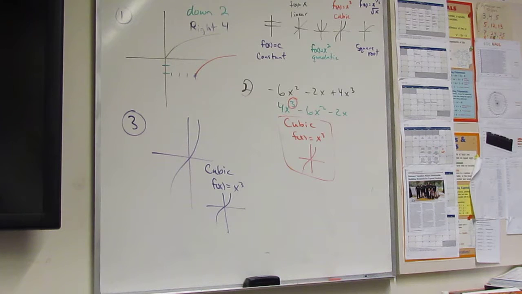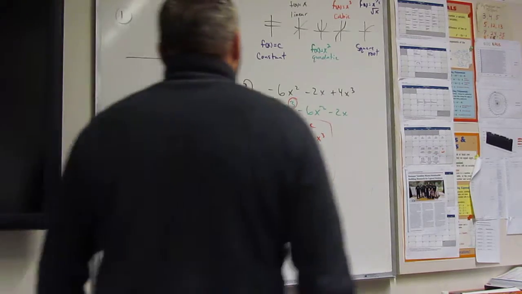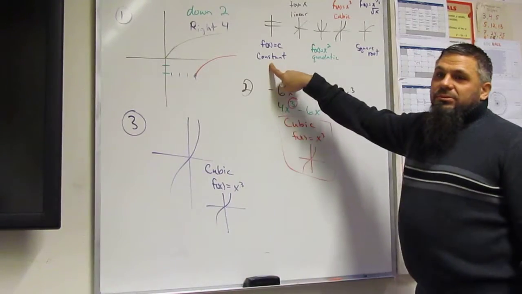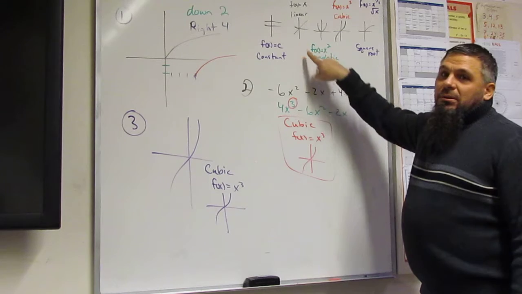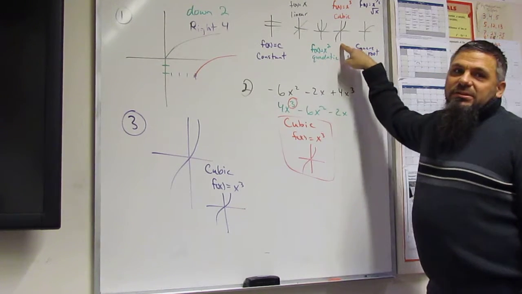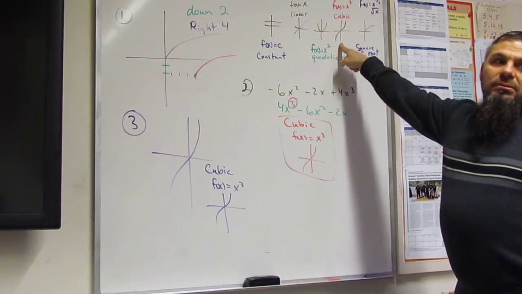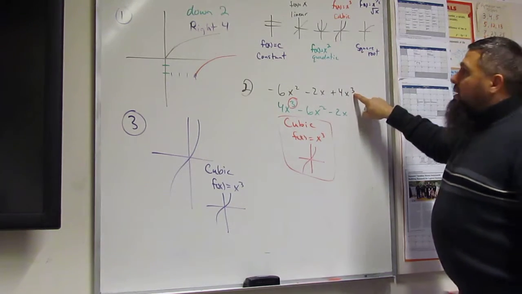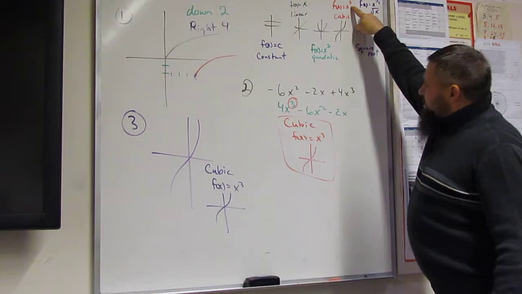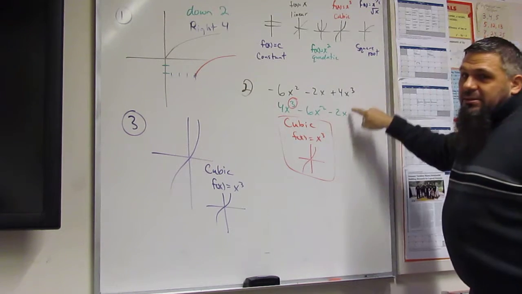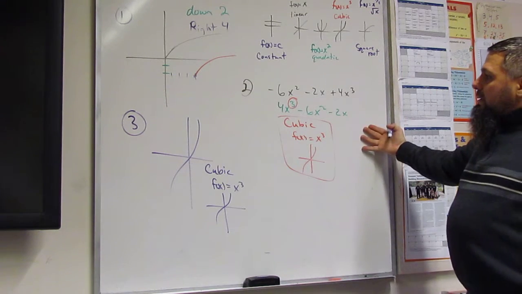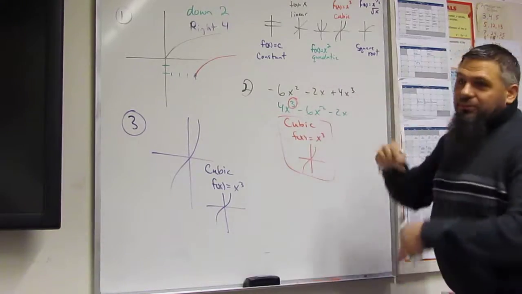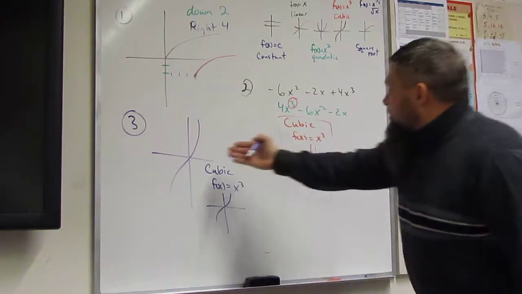If we stay focused. Really? 0, 1, 2, 3. This isn't impossible. You can do this, Tyler. This has a 3. It matches this 3. I can do this. This is a cubic. Oh, this picture. You're very artistic.